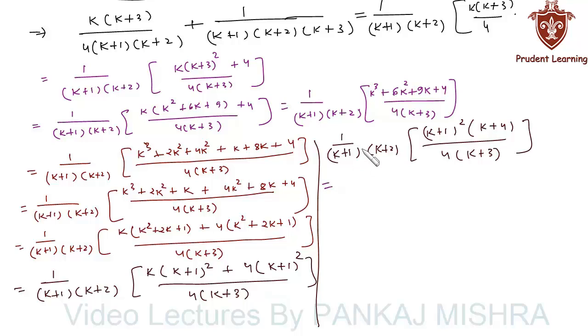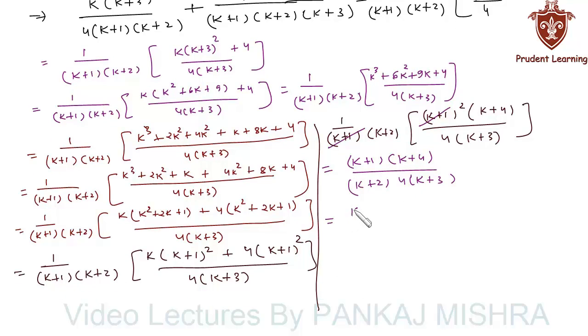And now we can cancel k plus 1 one time from the numerator and denominator. So we have k plus 1 into k plus 4 over k plus 2 into 4 times of k plus 3. This step can finally be written as k plus 1 into, well, we'll write k plus 4 as k plus 1 plus 3, over 4 times of k plus 2 written as k plus 1 plus 1, and again we'll write k plus 3 as k plus 1 plus 2.